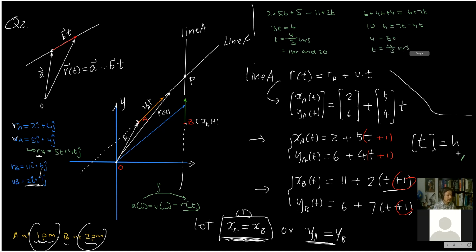So the collision does occur at 1 hour and 20 minutes, right? Yeah, that's due to this formula. The new formula is correct. So you see, the trick is how to fix the starting time, and that's why we can fix that problem.